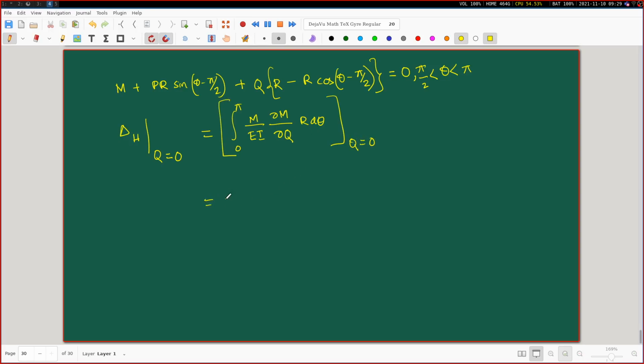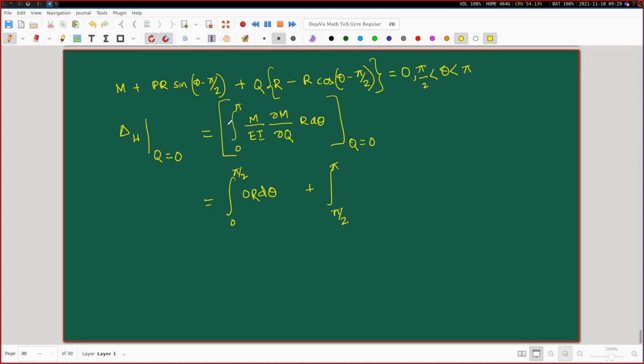But just like before, this is piecewise integration from 0 to pi by 2. Contribution to the first integration will be 0 because the moment there is 0, and then we have this thing.